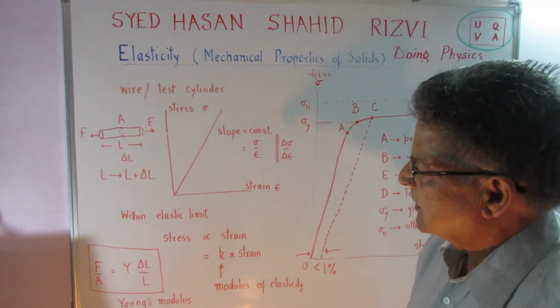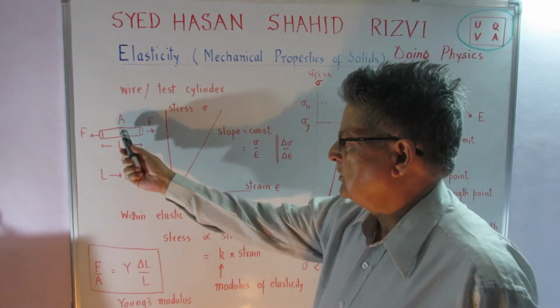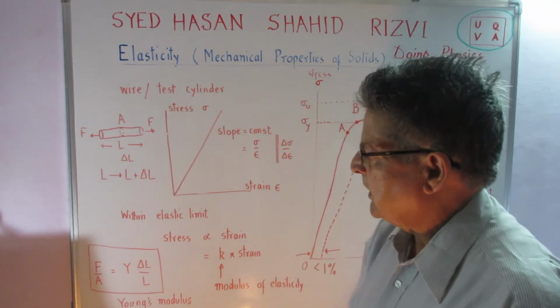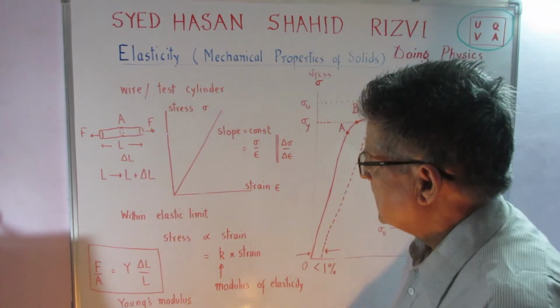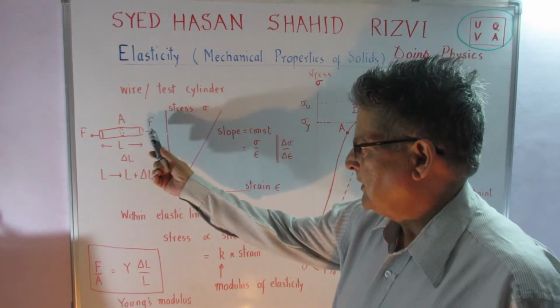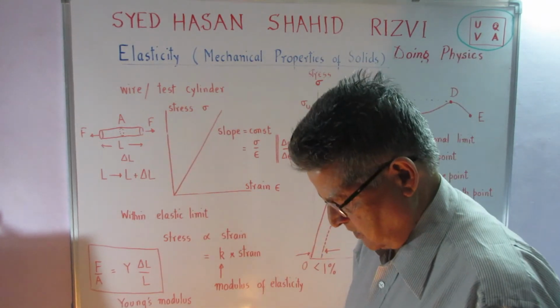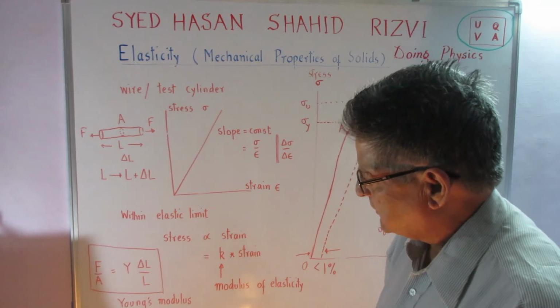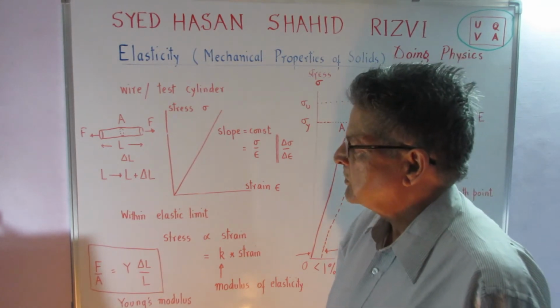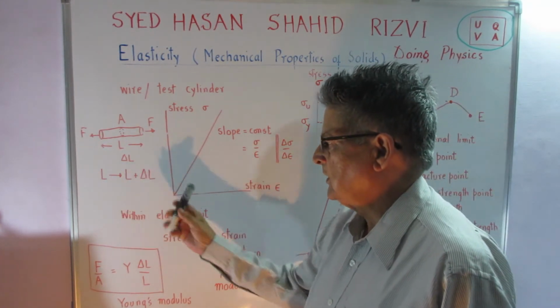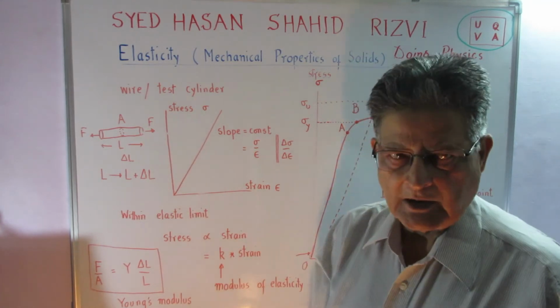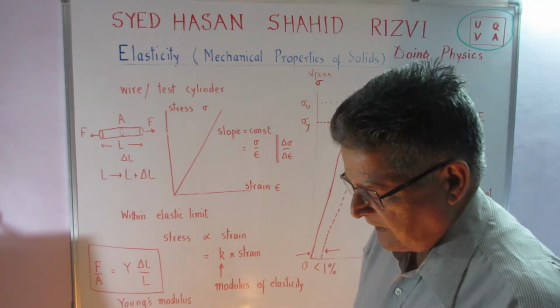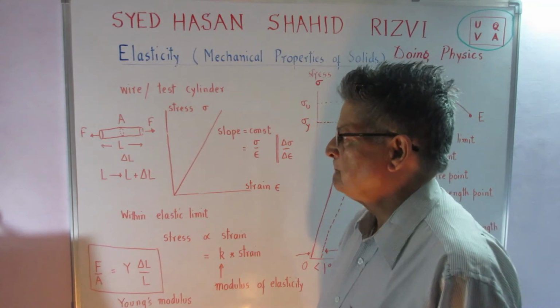Okay, so I have this wire with an area of cross section equal to A and length L, and of course when two forces are applied equal and opposite to each other, there is tension in the system and the length increases to L plus delta L. So this is one way of increasing the length.